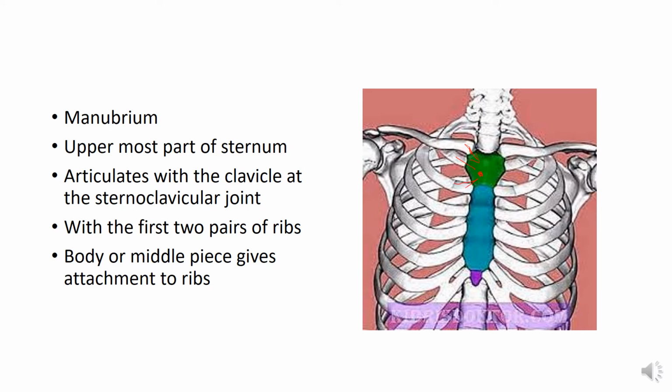The body or the middle piece gives attachment to the ribs through the costal cartilages. So these are the ribs and these are attached to the body of the sternum by costal cartilages.